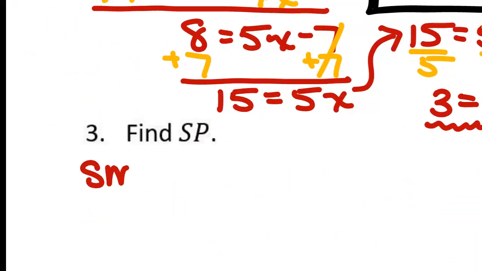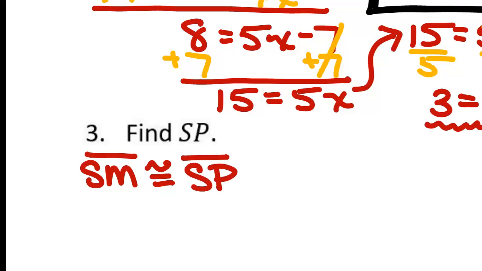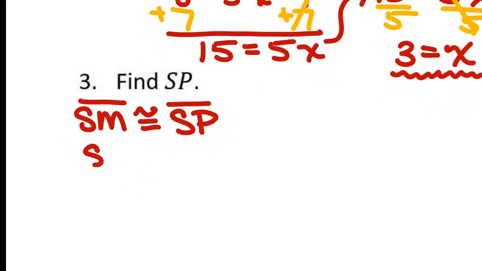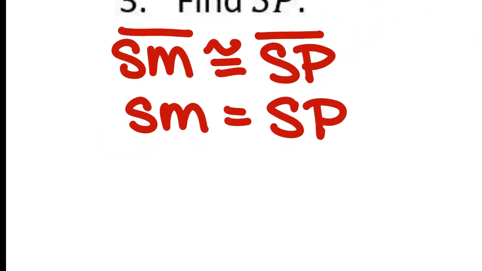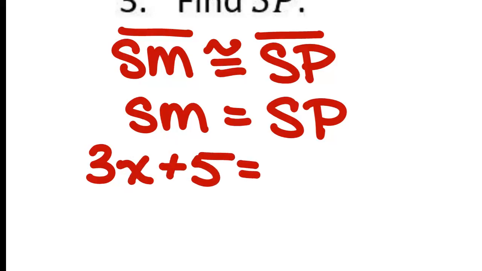SM is congruent to SP. That means the length of SM is equal to the length of SP. How big is SM? 3x plus 5. How big is SP?